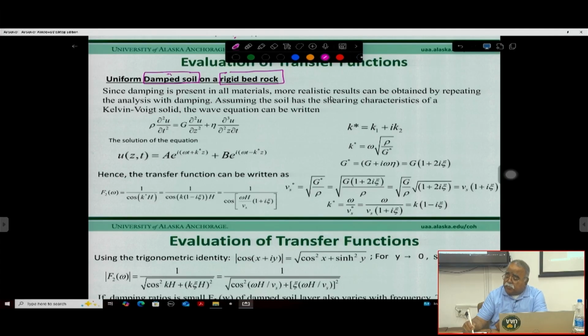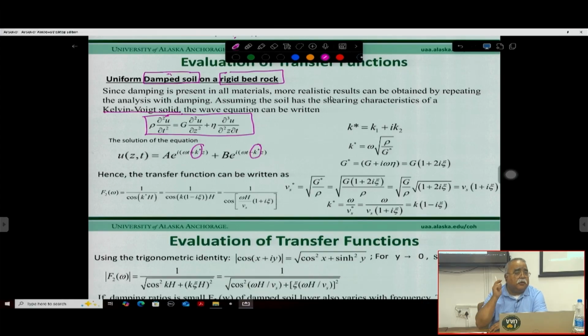So the damped soil layer equation for the Kelvin-Voigt model we have already got, that is our solution, right? We have already proved that. The solution of this equation is e to the power i omega t plus k. So this part is important, right?